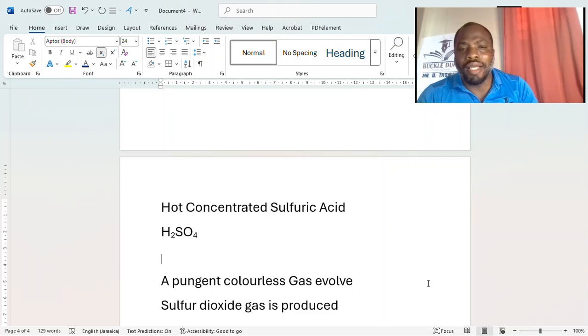Acidified manganate will not give you that gas or that pungent smell. Acidified dichromate will not do that either. The sodium chlorate will not do that. The iron 3 will not do that.